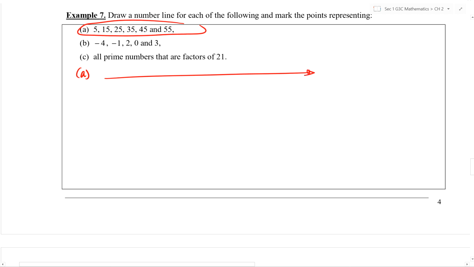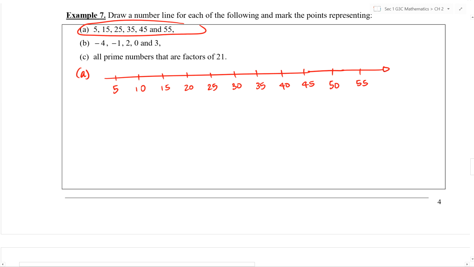So number line, let's start with 5, 10, 15, 20, 25, 30, 35, 40, 45. Okay, not enough space, so that is why we need to draw it in pencil so that you can edit. Oh, all the way until 55. 50 and 55.